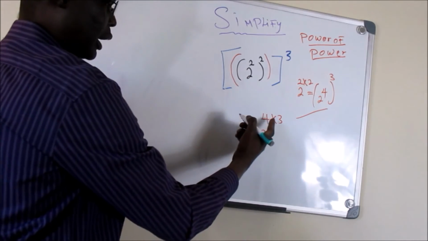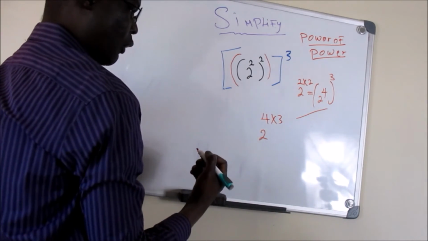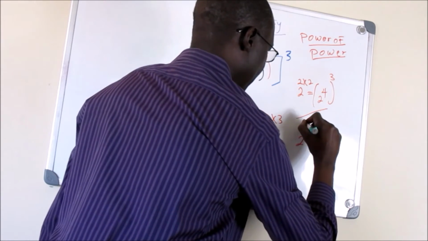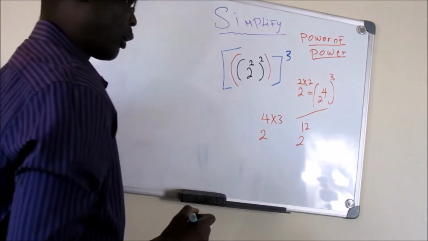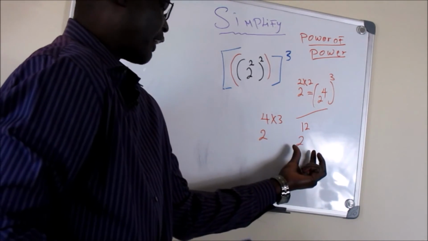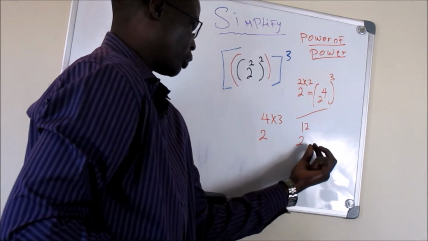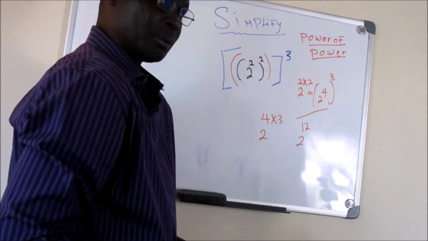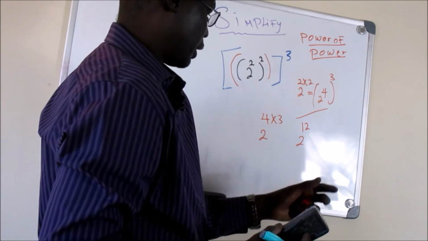And we know 3 times 4 is 12. So it's going to be 2 to the power 12. And you can find the value of this 2 power 12, but you just need a calculator.